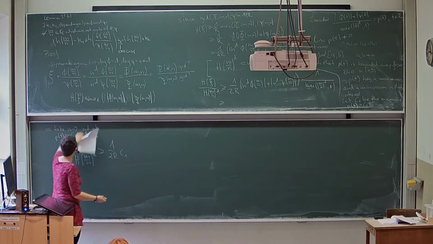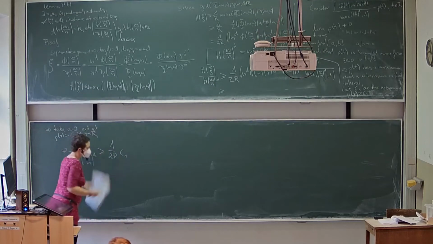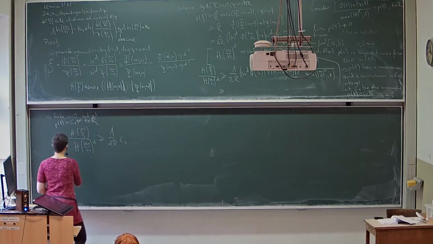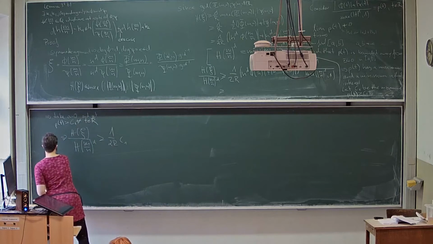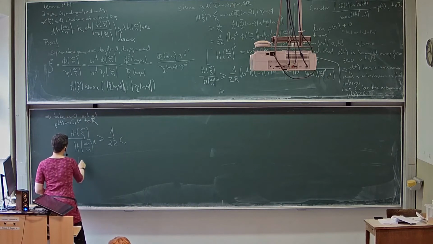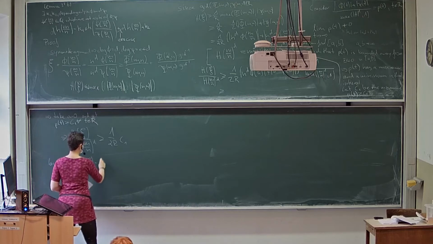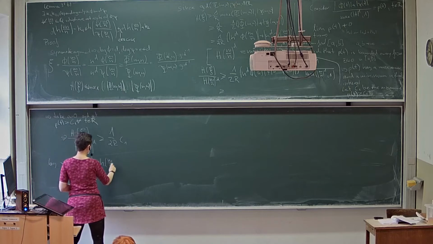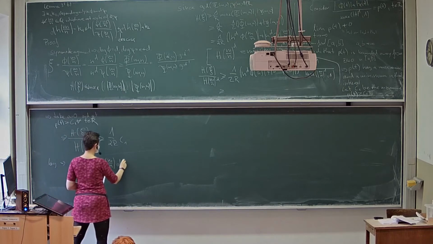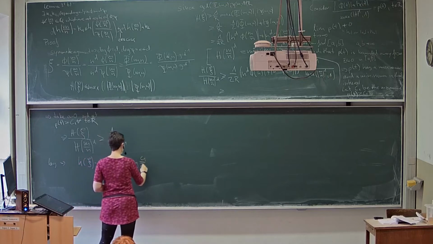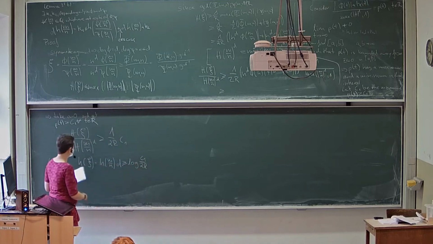Now, in this lemma, since we want to work with logarithmic height, we also have to take the logarithm and get that, and this is what we wanted to show.